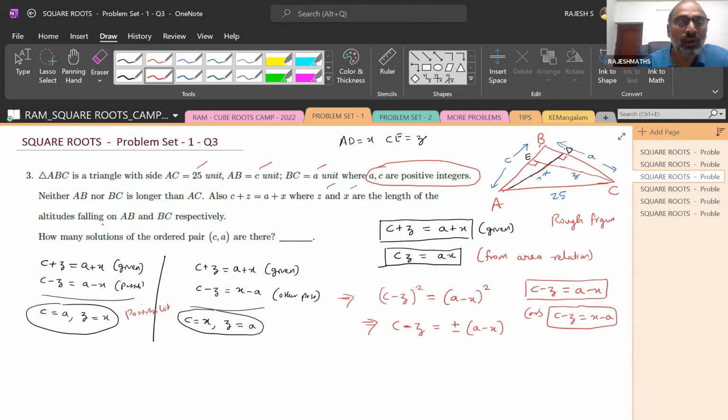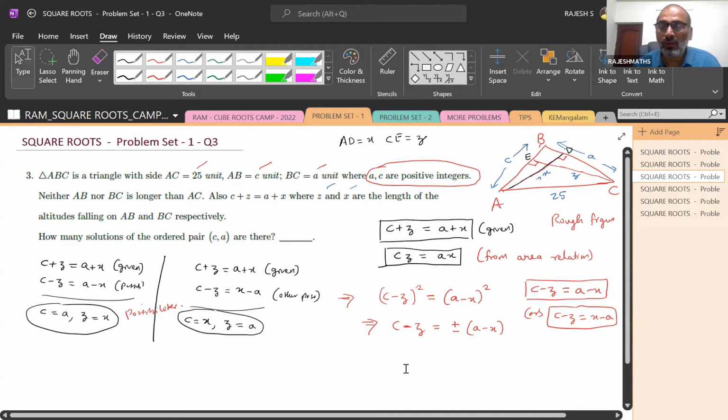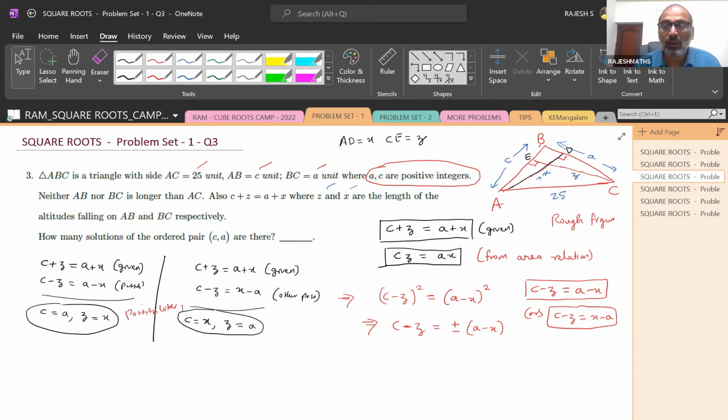These are the possibilities, right? Fine. So now you can see what is C equals A.